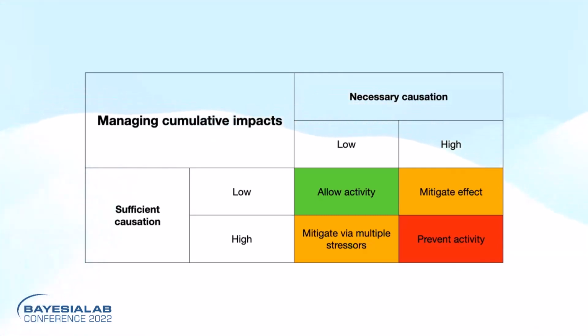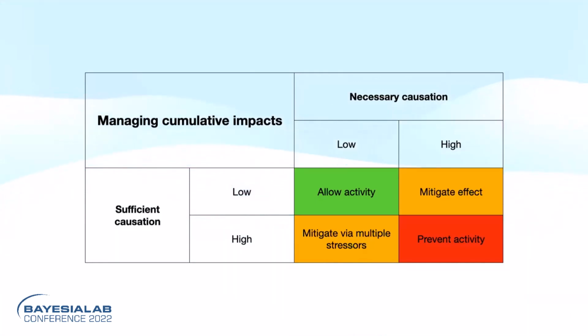Maybe the easiest situation to imagine is where we have both low necessary and low sufficient causation. In this case, the activity should probably be allowed because it's unlikely to trigger the undesired outcome. Conversely, if we have high necessary and high sufficient causation, this suggests that there are few ways to avoid that undesired outcome other than simply preventing the activity.